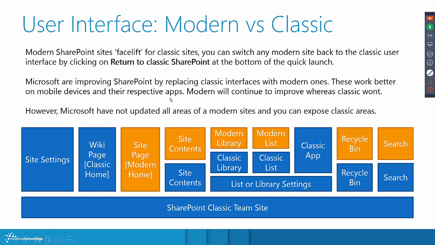We bounce between modern SharePoint site pages, site contents menus, modern lists and libraries, recycle bin, and search, almost just seeing all of the modern look and feel. But really in the background, you can switch back to the classic look and feel, as well as certain apps that have never been updated to look modern.